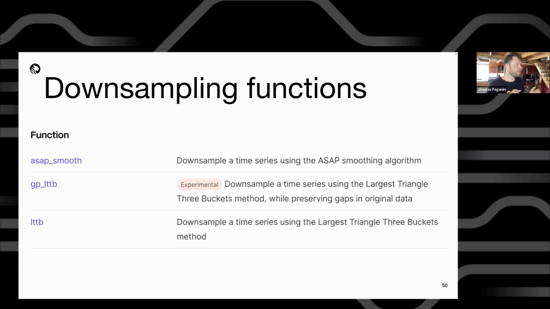They have similar performance, and we also have LTTB with gap fill now. If you have gap fills in your data, LTTB will not work very well because of the gap filling. Now we also have this function that can track it. It's still experimental, give your feedback, and then we can also promote it to a stable function.